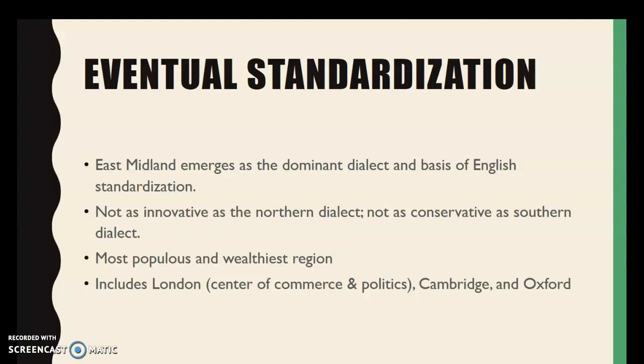And in London, people weren't just doing international business, but they were purchasing goods and trading with merchants all over England. So this dialect spread throughout England through business transactions. The East Midland area is also where we find Cambridge and Oxford, and some scholars suggest this educational boon also made the area's dialect more attractive.